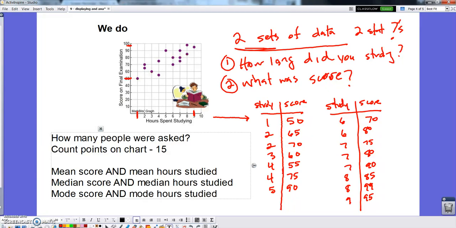Two different data sets, two different questions, two different means, two different medians, two different modes. And I could find the range of scores and the range of hours. There's just that many different questions I could find. So scatter plots show the answer to two different statistical questions at the same time. That's the main thing to know about those.